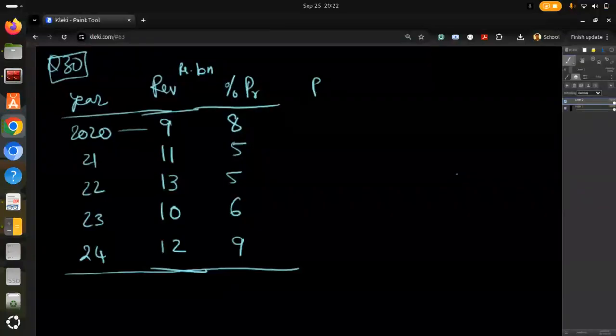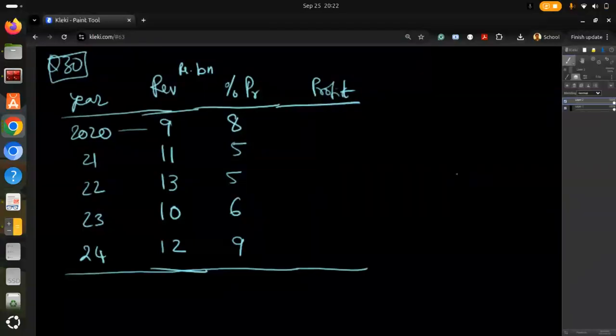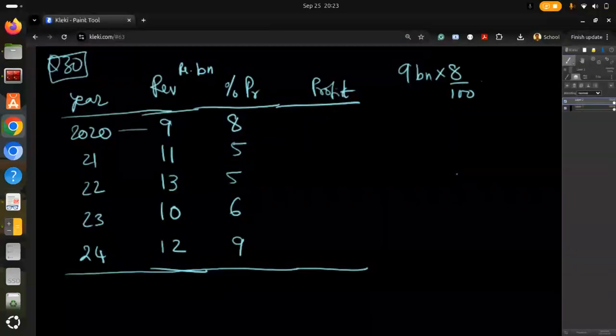So what will be the actual profit? I can quickly calculate it. Basically it is 8% of 9 billion, 5% of 11 billion, whatever. So strictly speaking, the calculation is 9 billion multiplied by 8 by 100. That will be 8 nines are 72 billion divided by 100.